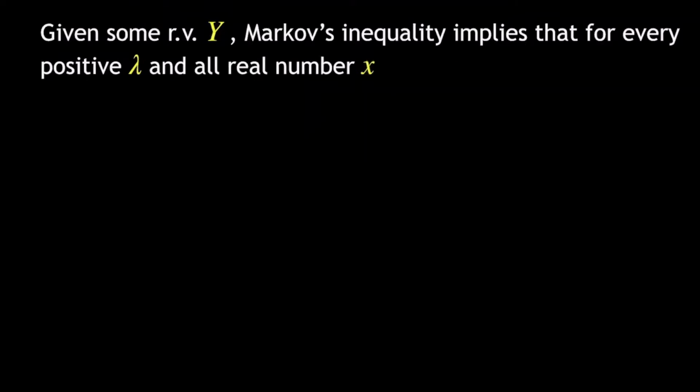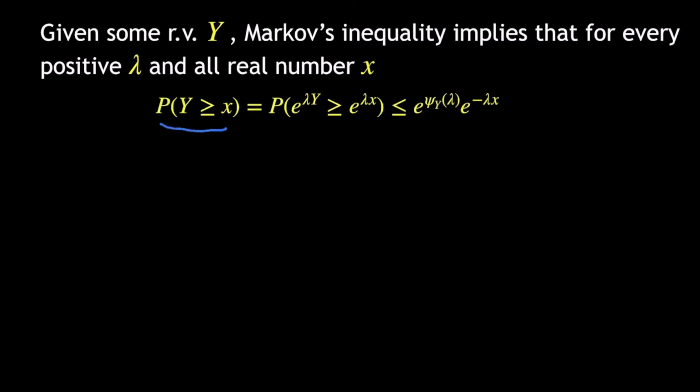So before proving Cramér's Theorem, let's see what the optimization with respect to the parameter lambda of Markov inequality gives you. And it is very simple. You write that the probability that Y is larger than x is also the probability that the exponential of lambda Y is greater than the exponential of lambda x, when you take a positive value of lambda.